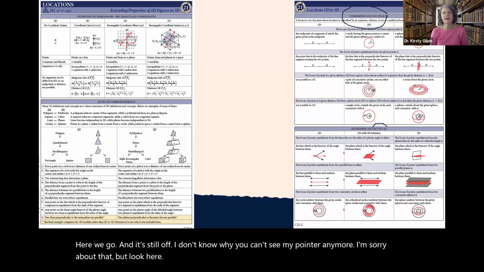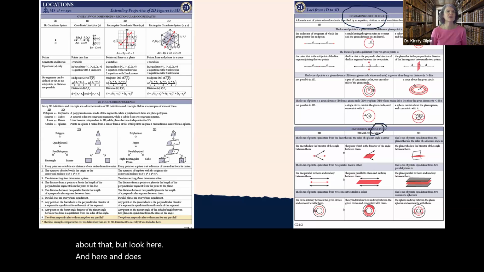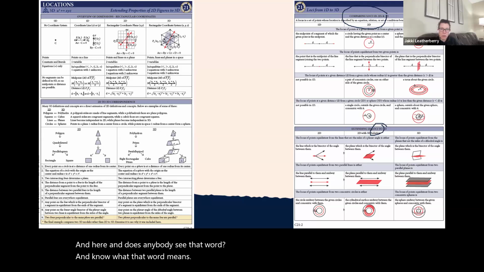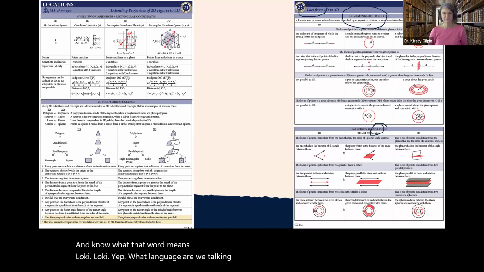But look here and here, and does anybody see that word and know what that word means? Loci. Loci, yep. What language are we talking about? Latin. Latin. And so what would be the singular of this, do you think?